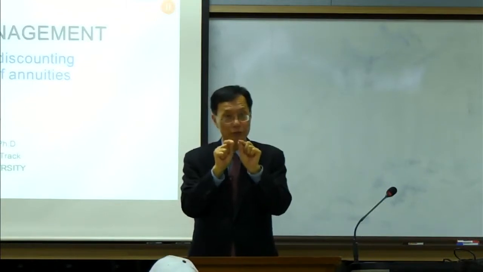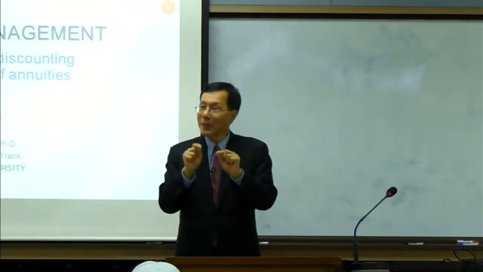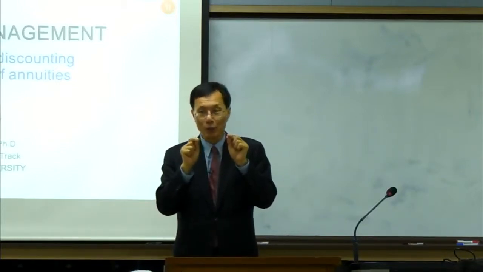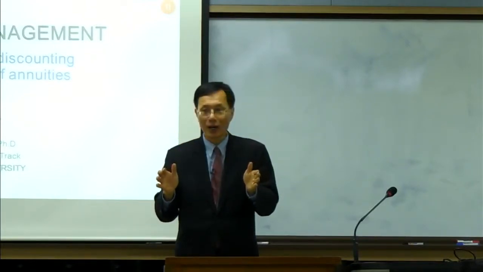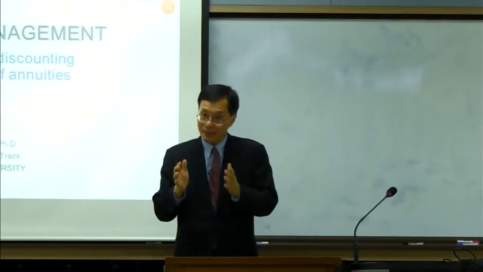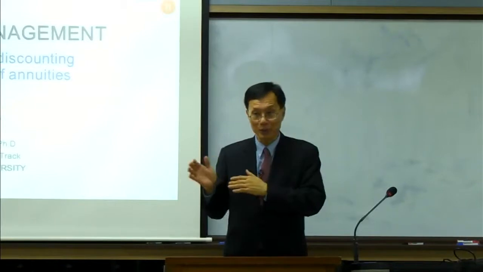Today we are extending that over to many cash flows, not just one, but more than once. Multiple cash flows are valued in the same way as a single cash flow is valued, both present value as well as future value.